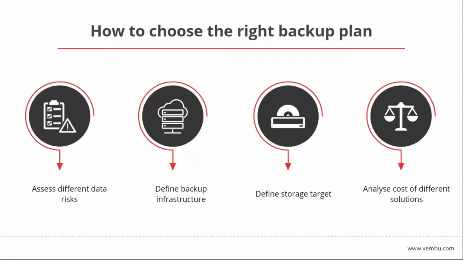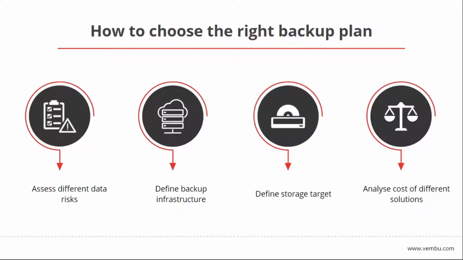So how do you take a backup? How do you plan your backup data? All this is done by checking these 4 main factors. Initially, the person who is going to take a backup should assess the different data risks they are going to face with their data.